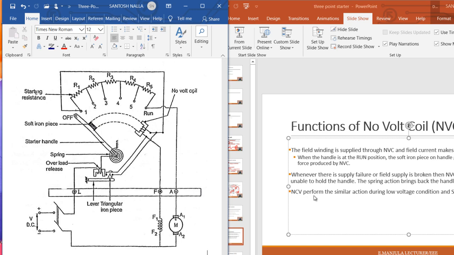So NVC performs a similar action during low voltage condition and saves the device. Hence, this NVC acts as a protecting device for the machine. So the starter is used for the starting purpose and also it is acting as a protective device.